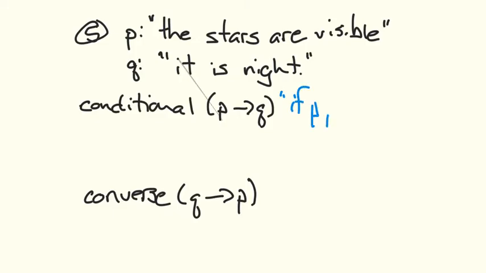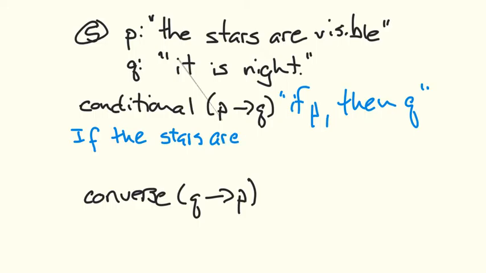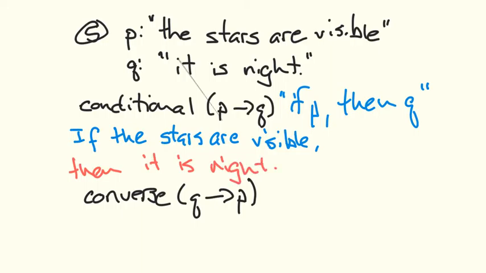If P, then Q. So the statement would be: if the stars are visible, then it is night. Okay?